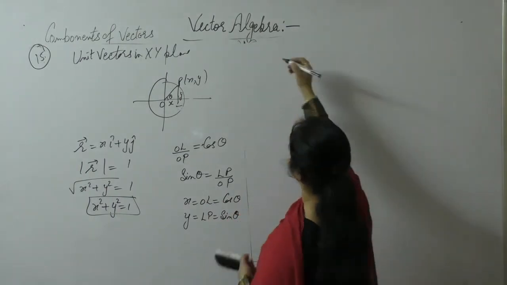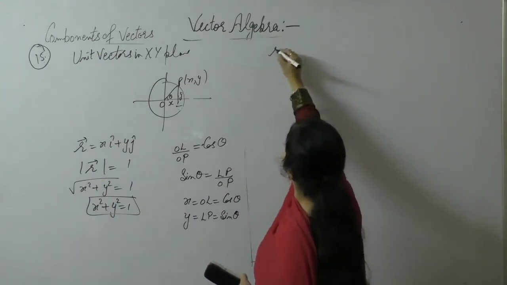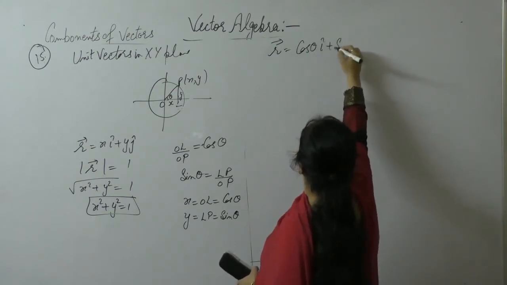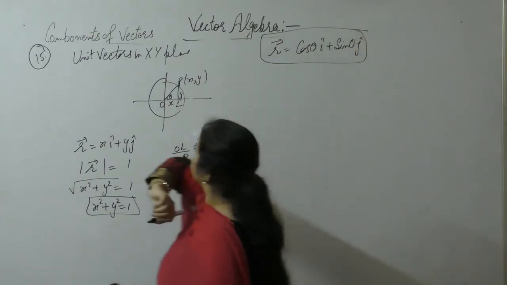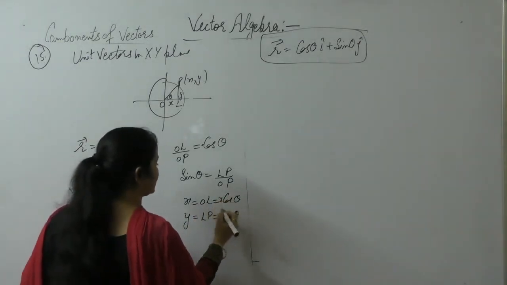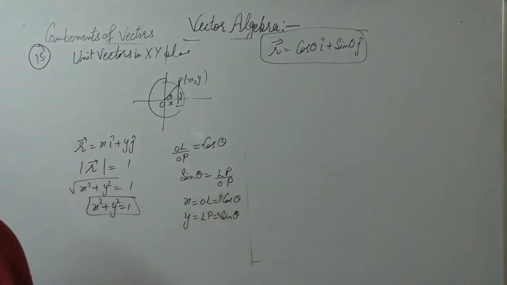Since this is a unit vector, r vector is equal to cos theta i cap plus sin theta j cap.